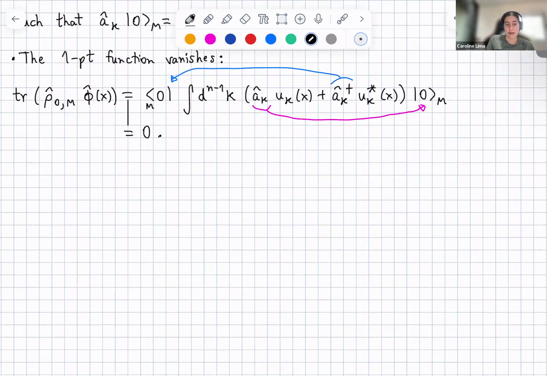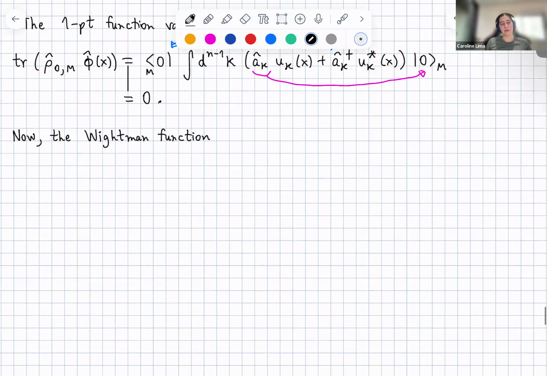And now the 2-point correlator. This 2-point correlator has a special name, which is the Wightman function. Properly, the Wightman function is this 2-point correlator computed in the vacuum, but people use it in a more broad sense.